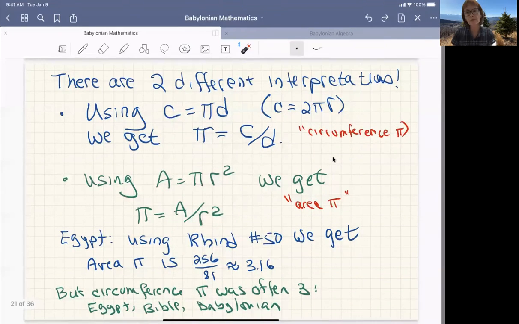But even the Egyptians, when they were talking about circumference, didn't know that the number in this formula is the same as the number that you use here. And so even the Egyptians often used 3 when they were looking at the ratio of the circumference to the diameter.